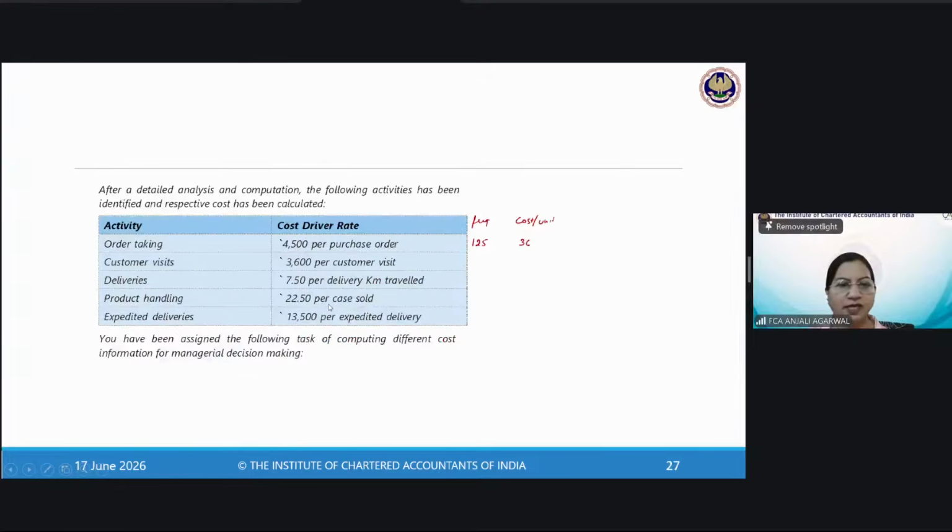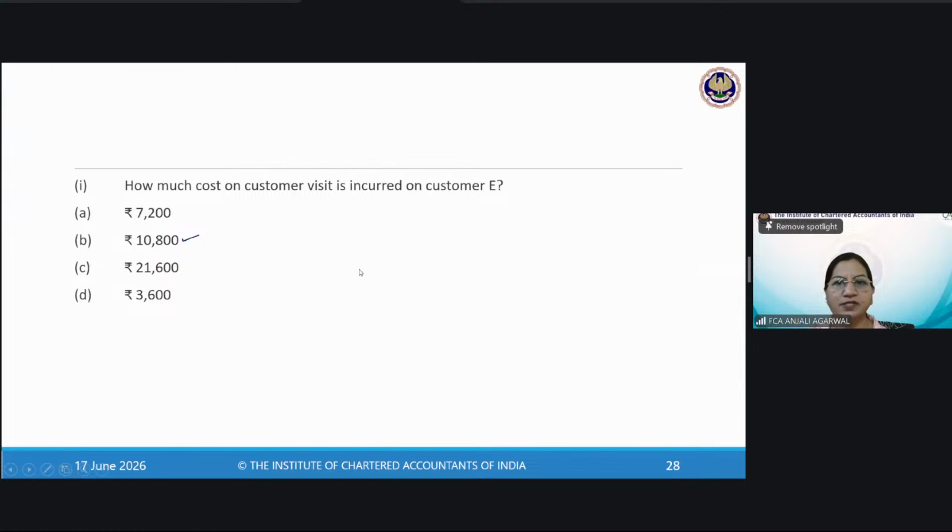So this is how you do the calculation. Let's look at questions and basis that will give the answers.